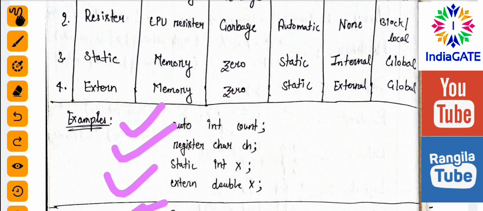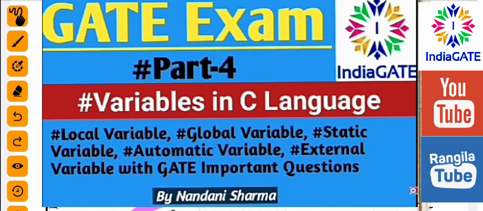Now the most important point for you is that if you want more detail about the storage class specifier as well as the variables, I have already discussed all the variables and types in the C programming language with full explanation, and also covered gate questions based on these variables.